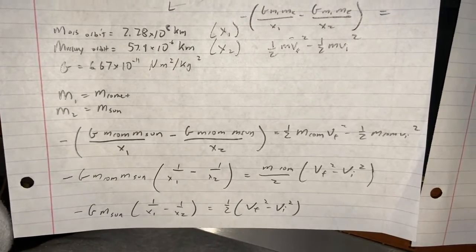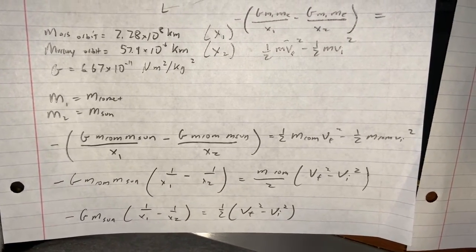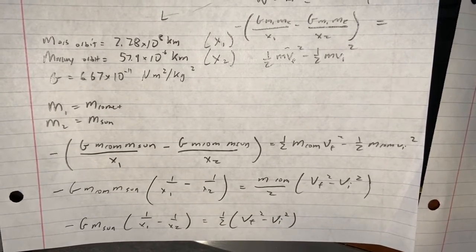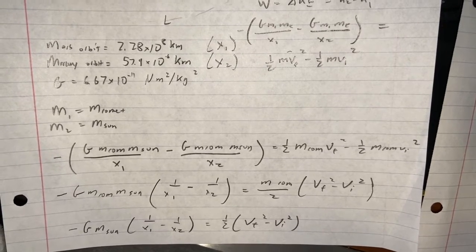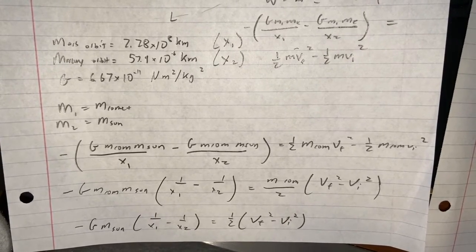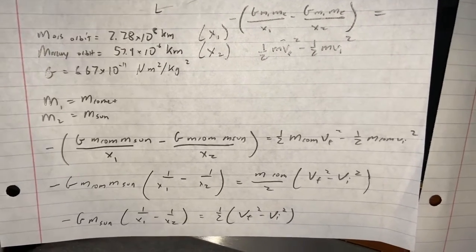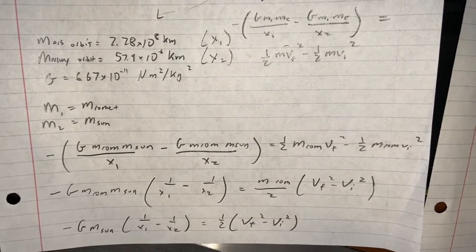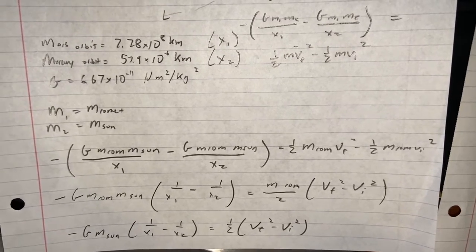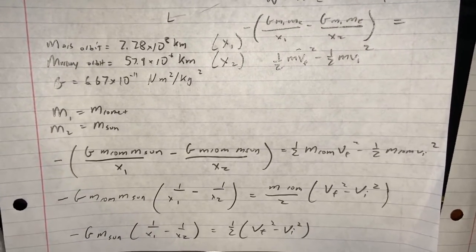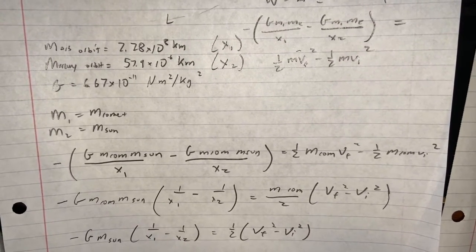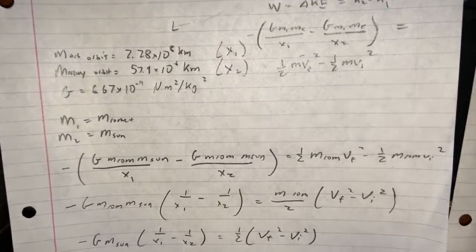Just some quick simplification: we can pull out the negative gravitational constant, and the mass of the comet is eliminated just due to the fact that it appears on both sides. So it makes the math a little easier for us. That left side is going to be the simplified gravitational acceleration term, and the other side is going to be the change in kinetic energies, which ends up being simplified.